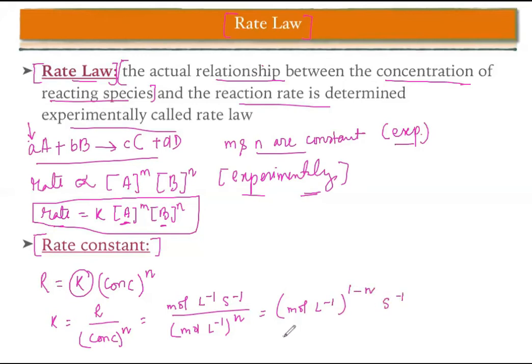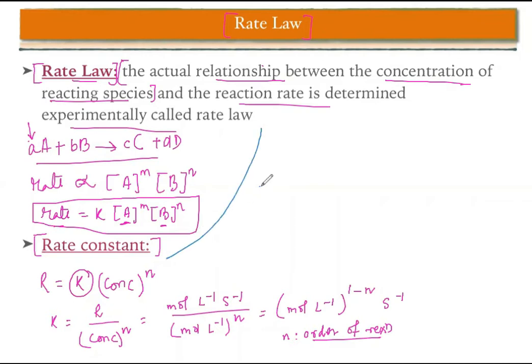So what is n? n is the order of reaction. If it is zero order, we can find out the unit of rate constant. If it is 1, we can find out the value by putting it here. So let's try to find out the unit of the rate constant for each order of the reaction.